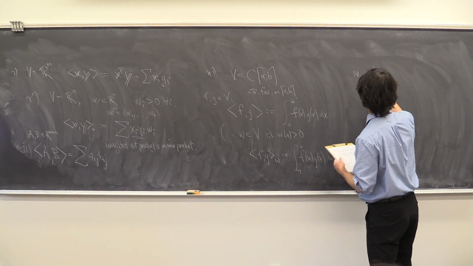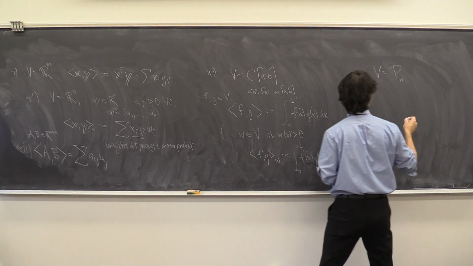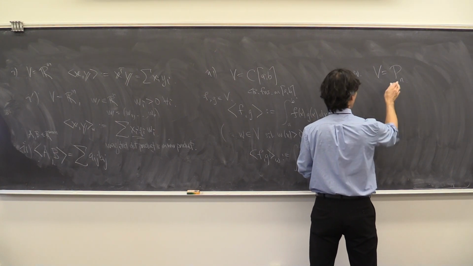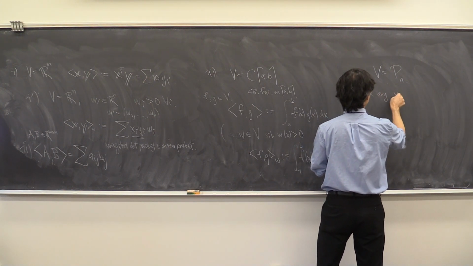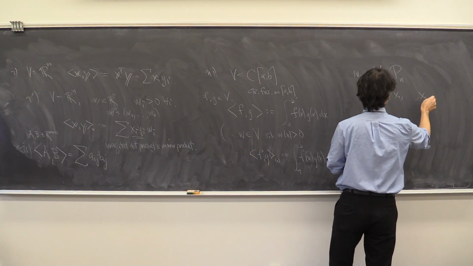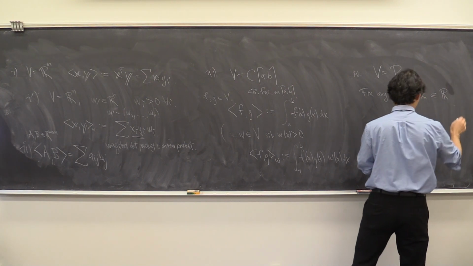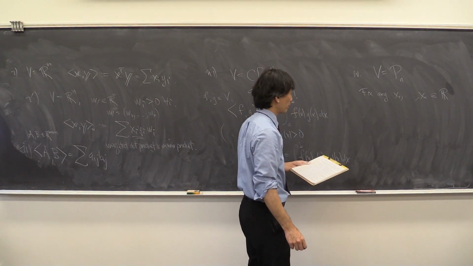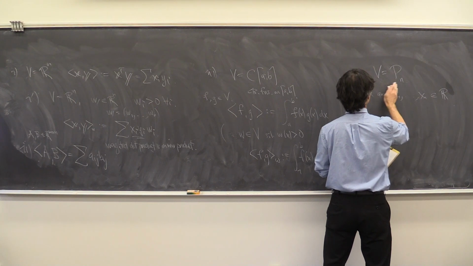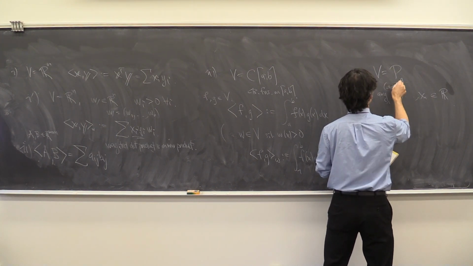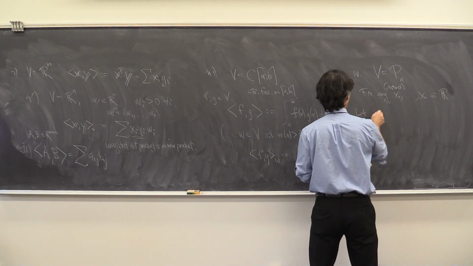Last example, let W be the polynomials of degree less than n. So fix any points x1 through xn in R. They have to be different, so distinct points. And then we can define the inner product.